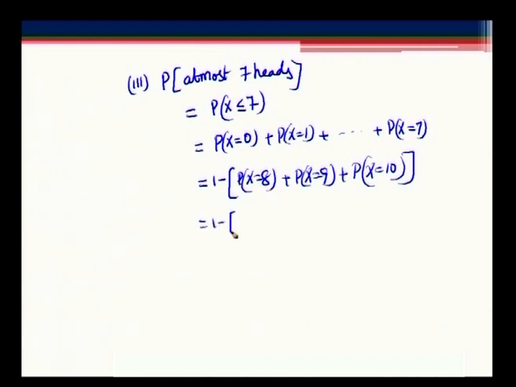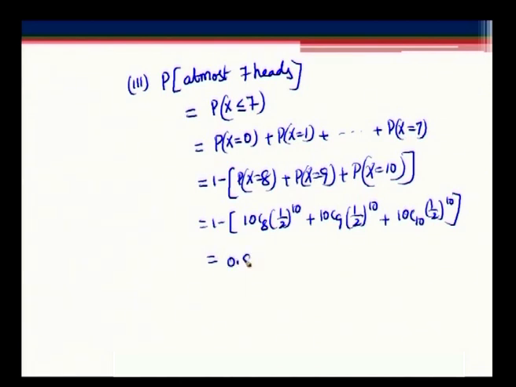So, 1 minus of 10 c 8 (1 by 2) whole power 10 plus 10 c 9 (1 by 2) whole power 10 plus 10 c 10 (1 by 2) whole power 10. Okay, and this calculation gives you 0.94531. Okay, hence we have found the answers for the 3 subdivisions.